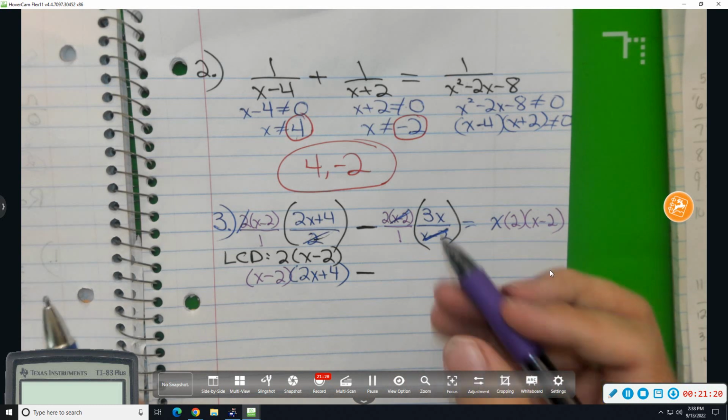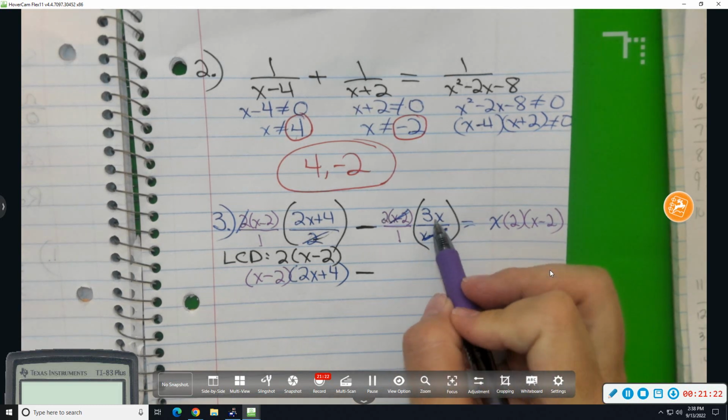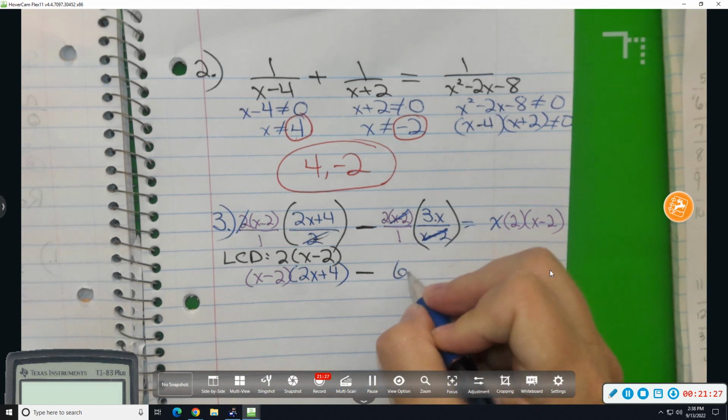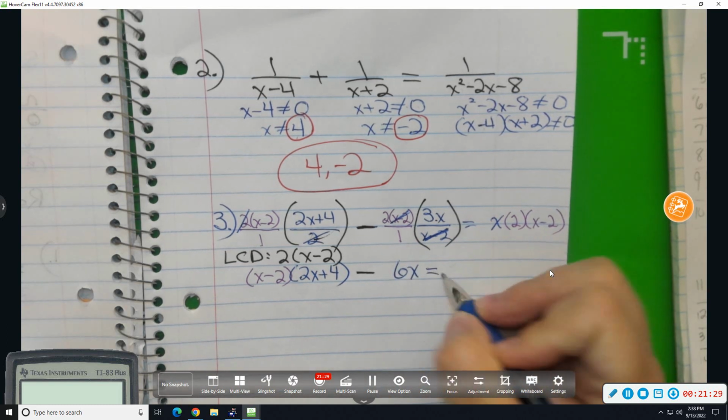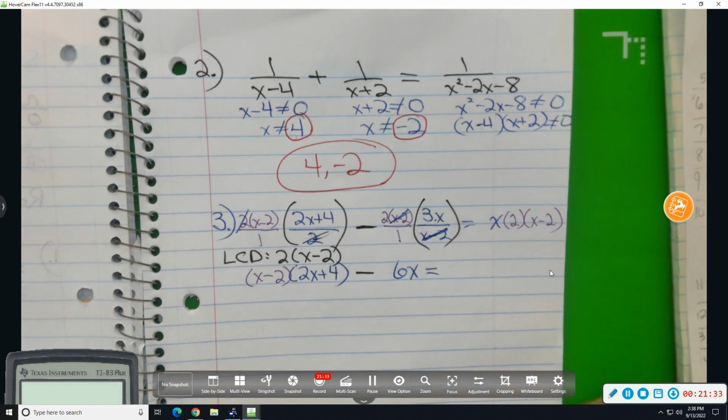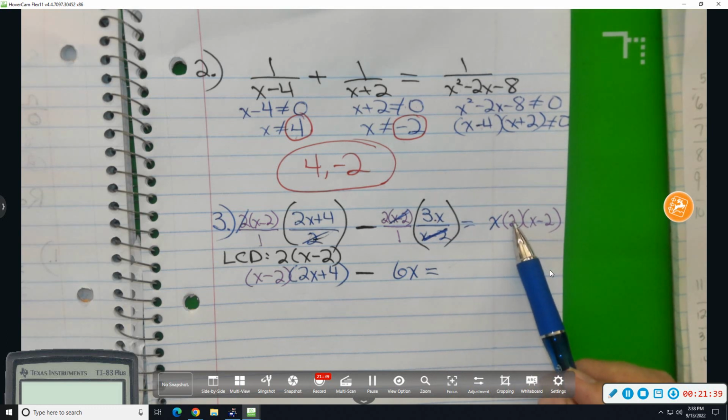Why not just go ahead and multiply right now? 2 times 3x, that's 6x. Notice it's really simplifying nicely. 2 times 3x gave us 6x. Now let's look here. We have an x times 2. Well, generally we put the coefficient in front.